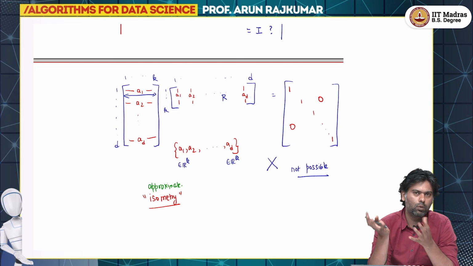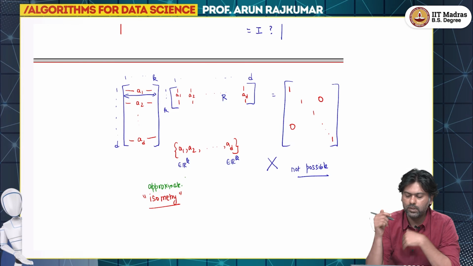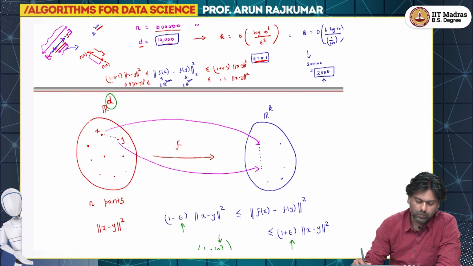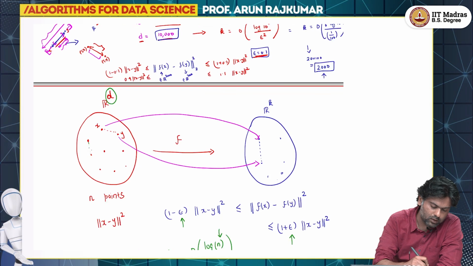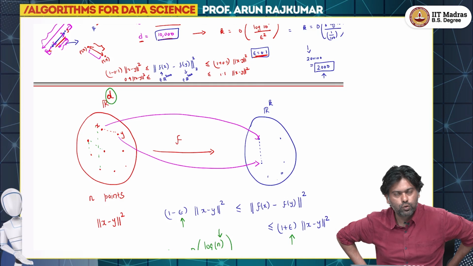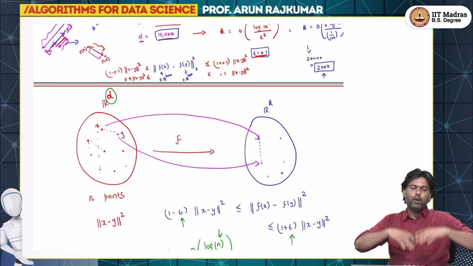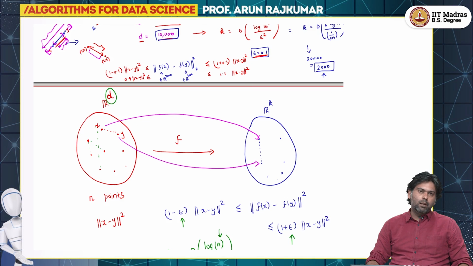I do not have control over what they are, but I only care about these n vectors and their pairwise distances, which means that I only have to preserve order n squared pairwise distances, right. So if you remember, this is one distance, this is one distance, and so on. There are n choose 2 pairs, so n choose 2 distances that I need to preserve. That is all I need to preserve. I do not have to preserve it for the entire d-dimensional space, right.